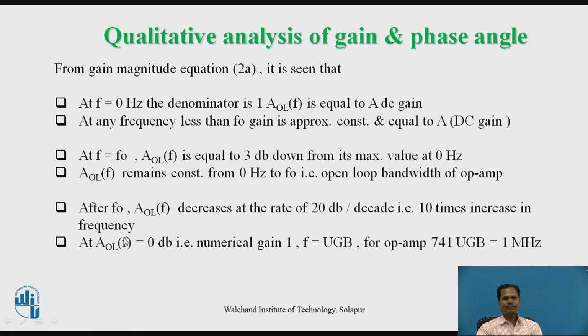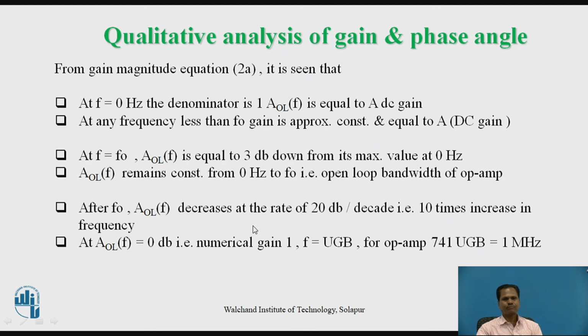At frequency f equal to UGB, the open loop gain as a function of frequency is equal to 0 dB, that is, unity. So the frequency f equal to UGB is the unity gain bandwidth. For op-amp 741, it is 1 megahertz. So at f equal to UGB, the open loop gain value is equal to 0 dB, or its numerical value is 1.